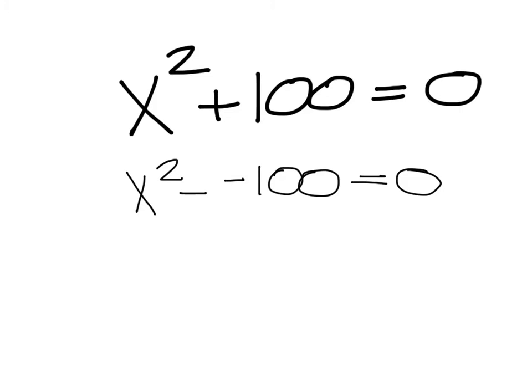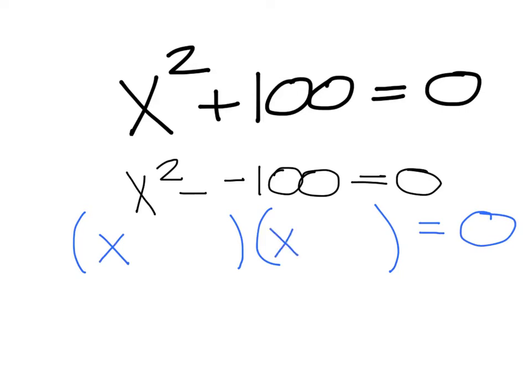Now, once you do that, you can go through and do what we did before with the difference of two squares. You're going to have two sets of parentheses, set it equal to 0, the square root of x squared is x, alternate the signs, but now you have the square root of a negative 100. What is the square root of a negative 100? 10i, right.